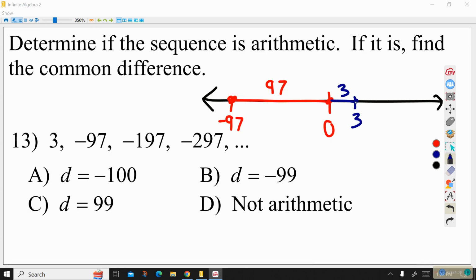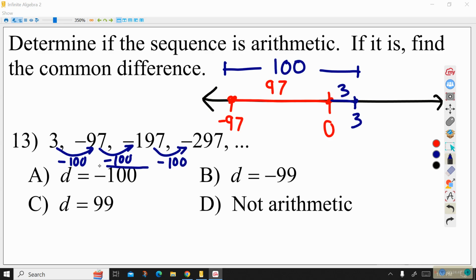So how many steps would there be total from here to here? There'd be 100 steps, because it's 97 plus 3. So you should understand that this is also decreasing by 100. That's decreasing by 100, and that's decreasing by 100. And so our common difference is 100. We determined that this sequence was arithmetic because each term is decreasing by 100.